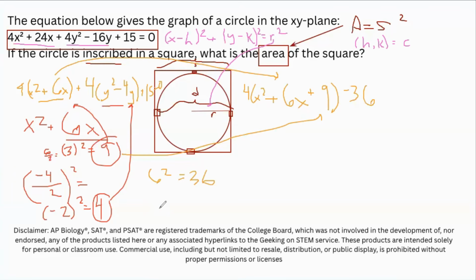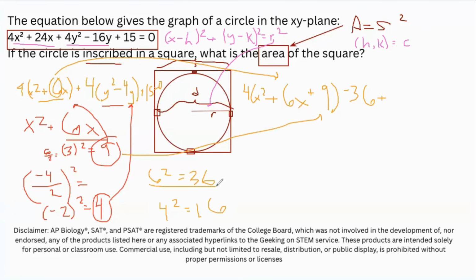So same thing if I take a look at 4 squared, that's going to give me 16. Okay, so whatever I do to the left side, technically we're subtracting it over to the other side, so subtracting 36. Then I take, because I had 6 in front of this, see this 6 here?